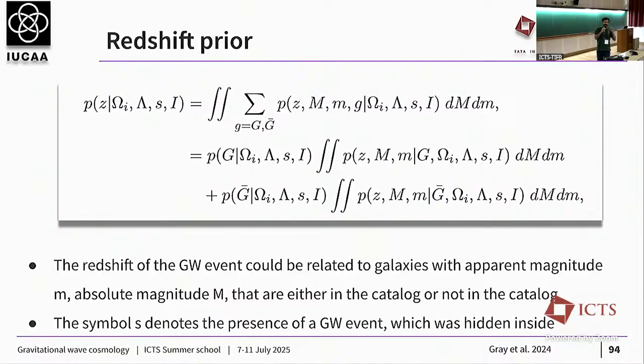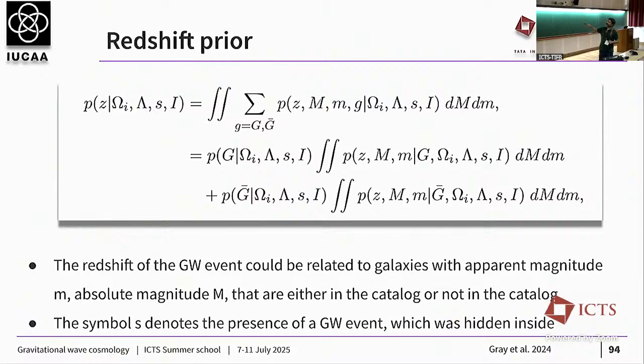So maybe the gravitational wave event has a host which is in this population. So there are two possibilities: one is that the host of your event is in your galaxy catalog, or it is not in your galaxy catalog. So I sum over both these possibilities. That is what is given here. Either my event will be in the galaxy catalog, or it will not be in the galaxy catalog.